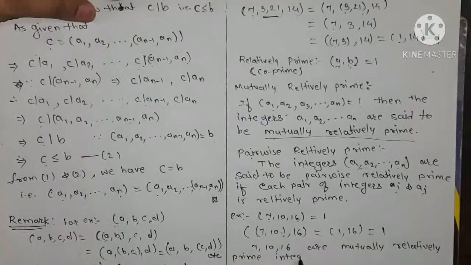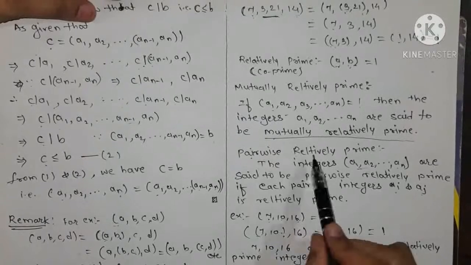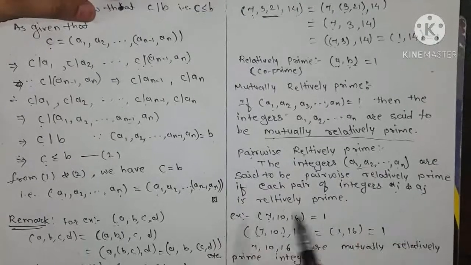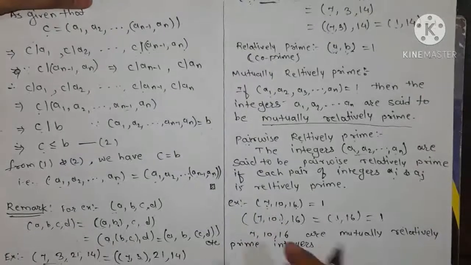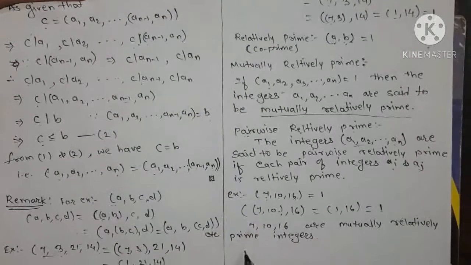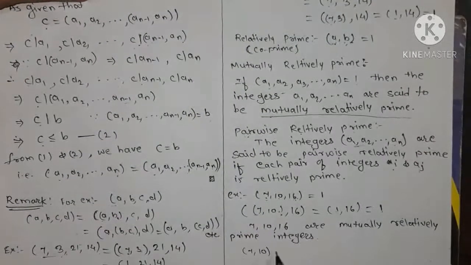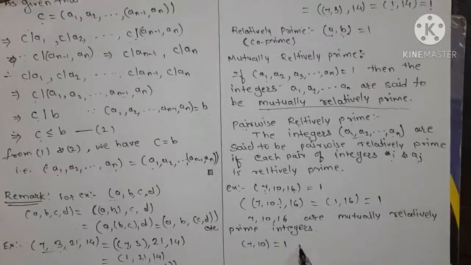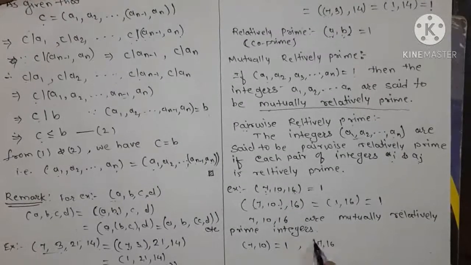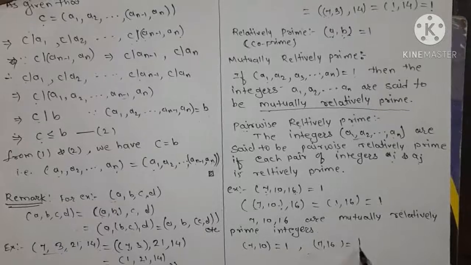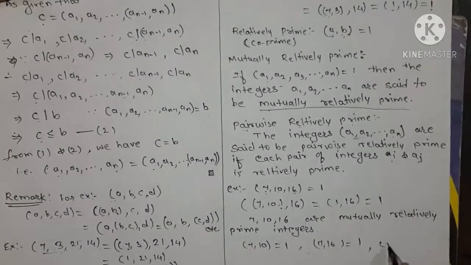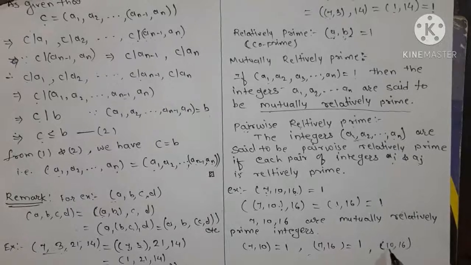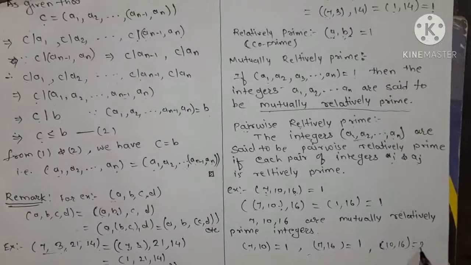But to verify whether it is pairwise relatively prime or not, we have to take the pair of every integer. The GCD of 7 and 10 comes out to be 1. The GCD of 7 and 16 comes out to be 1. But for the GCD of 10 and 16, the common divisor which divides both is 2.